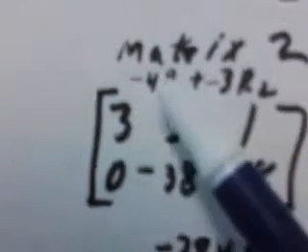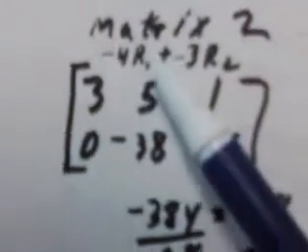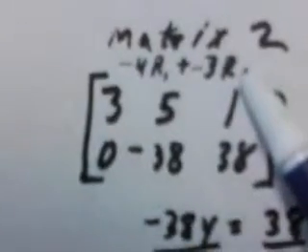And notice here that instead of using E, we use R. We have negative 4R1 plus negative 3R2. So back in the previous method, we used E for equations, but we're using R for row when you're dealing with matrices.